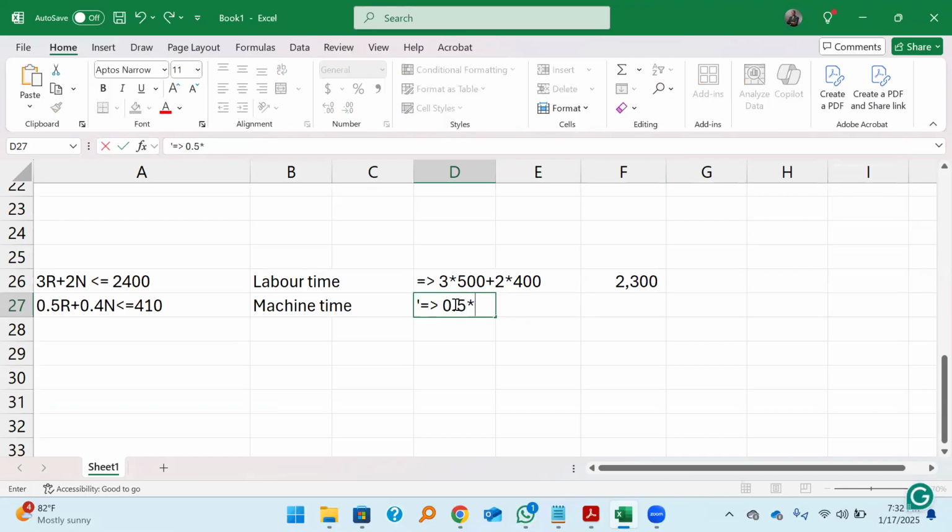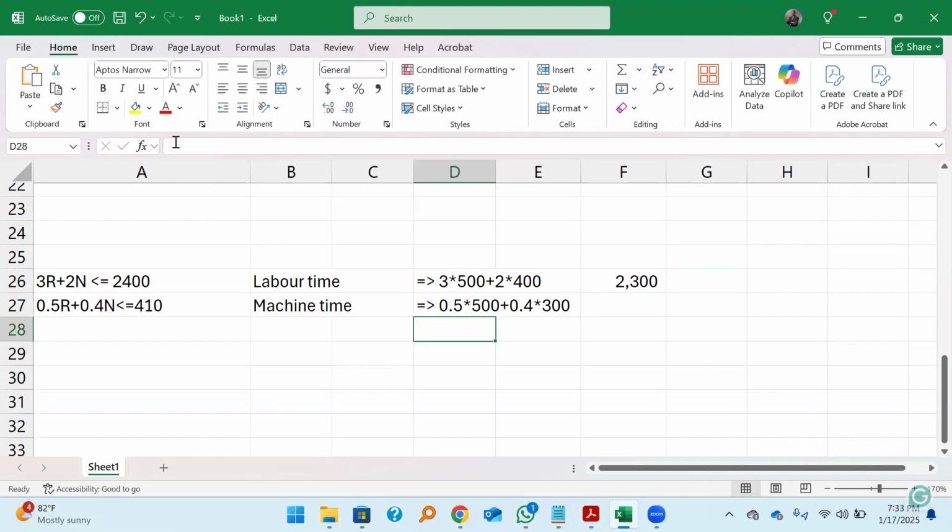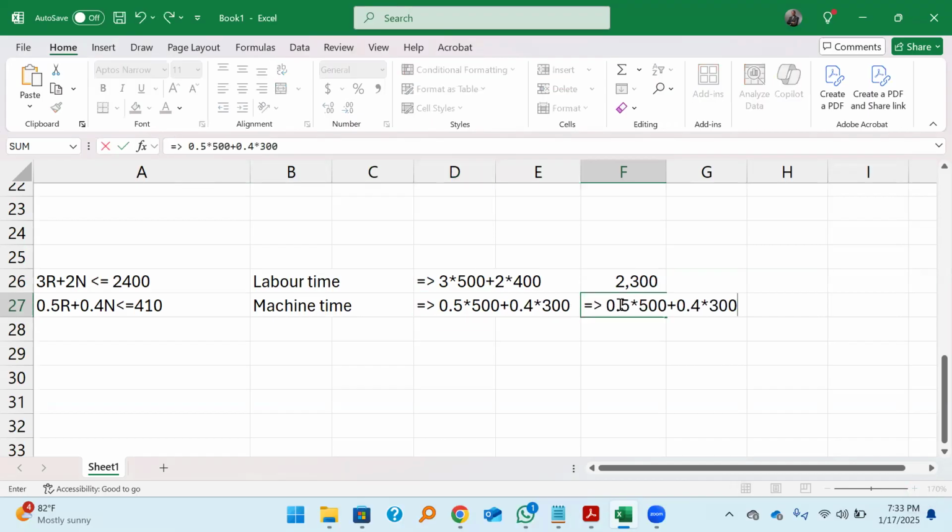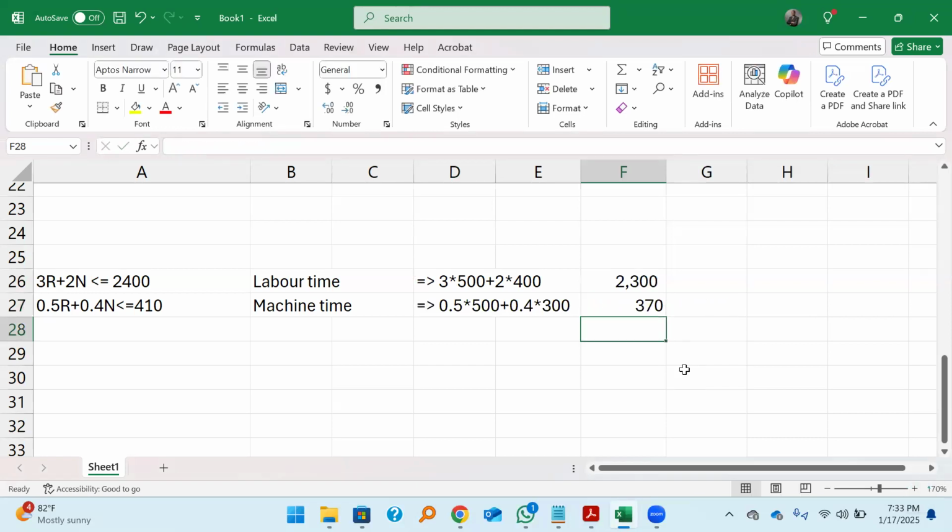Then you can also do the same for this one: 0.5 times 500 plus 0.4 times 300. When you get a calculator, you practice solving these ones, but for now they gave us the answers, so we are just using them. You see that you get 370.